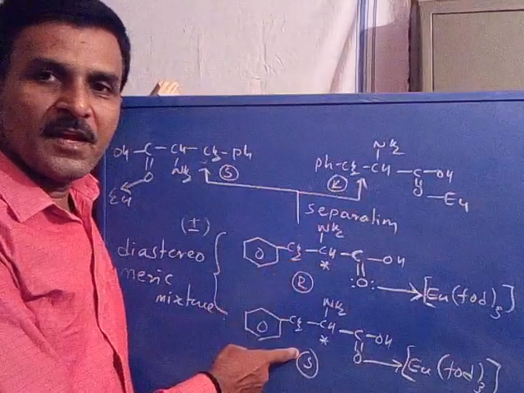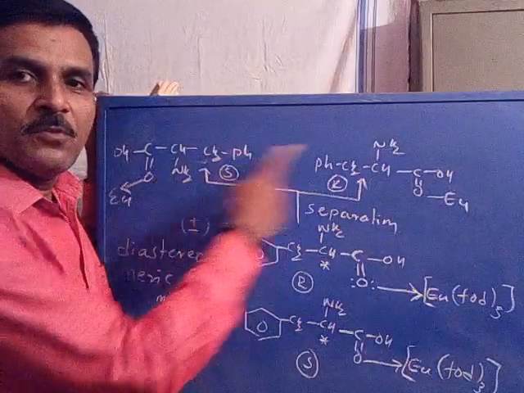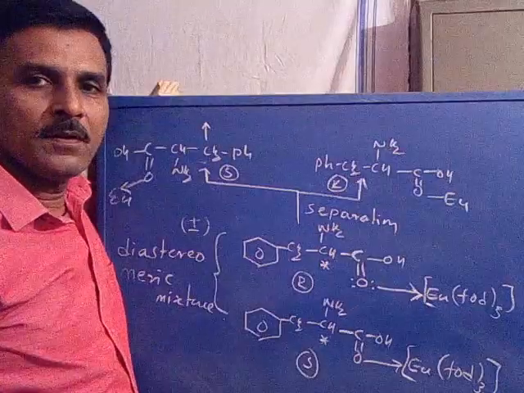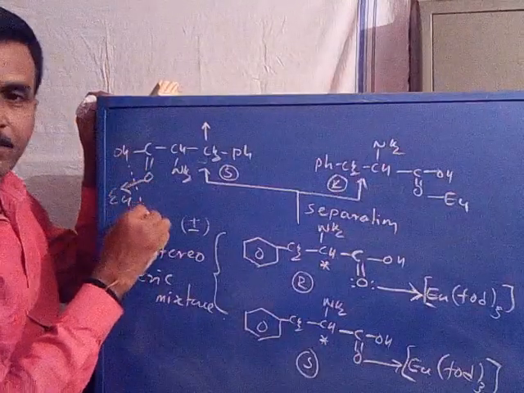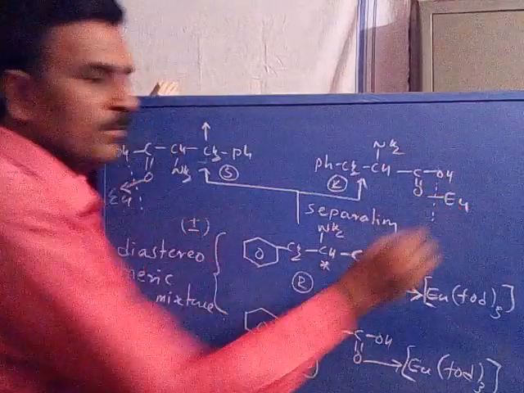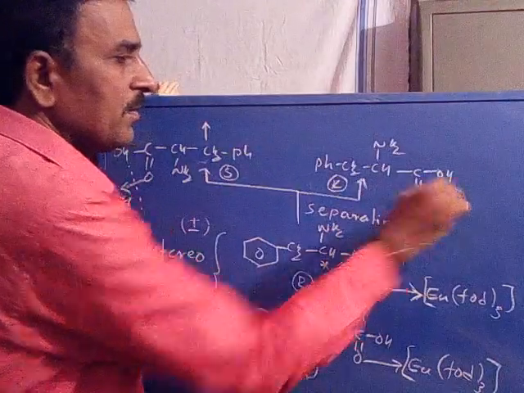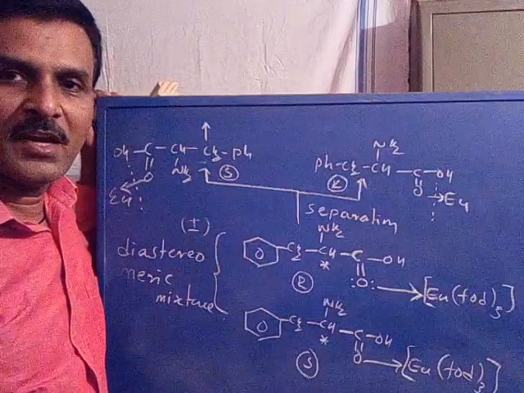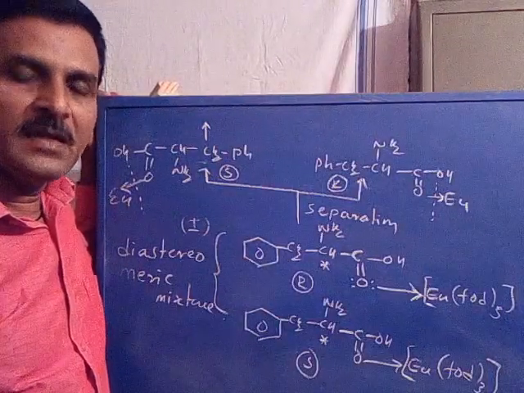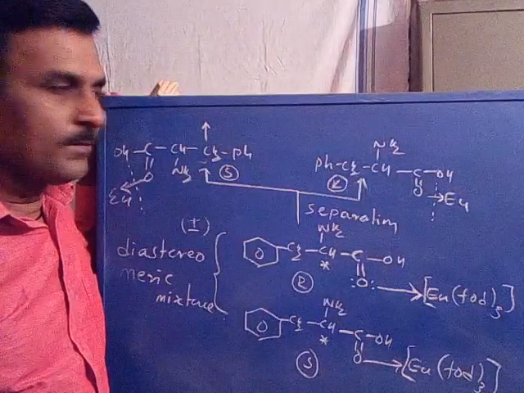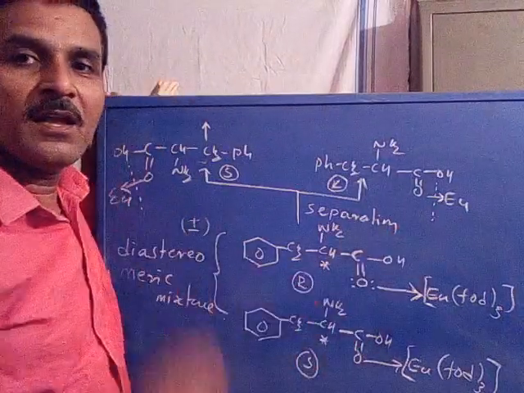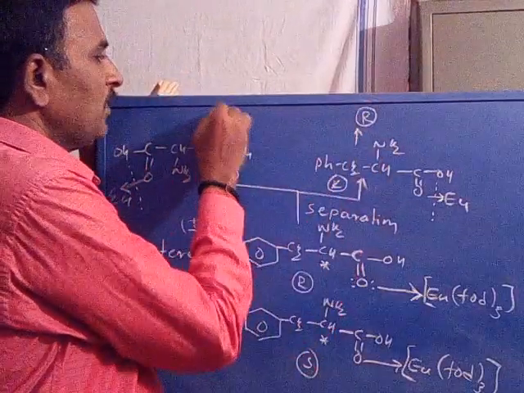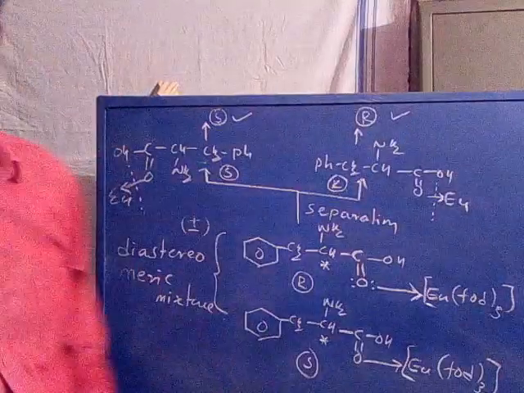From the diastereomeric mixture, each diastereomer can be easily separated. After that, detaching the europium complex from the diastereomer is very easy, as it is a simple coordination bond, and can be easily detached to get the R isomer and S isomer separately.